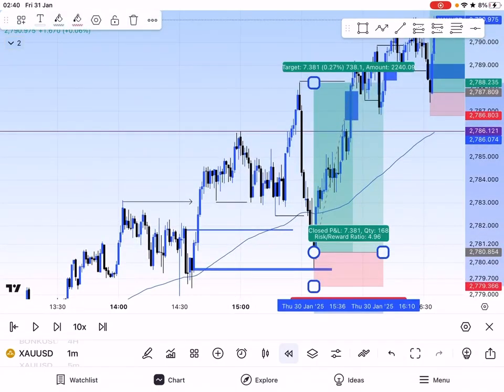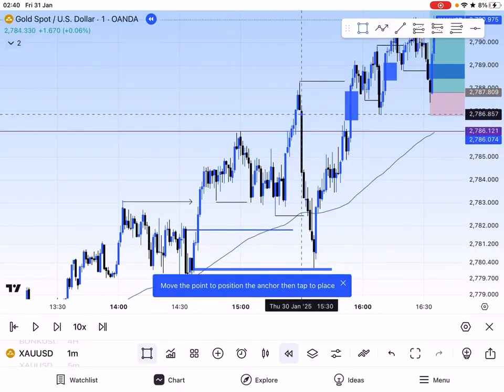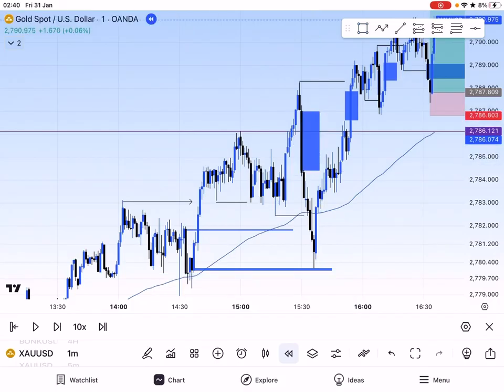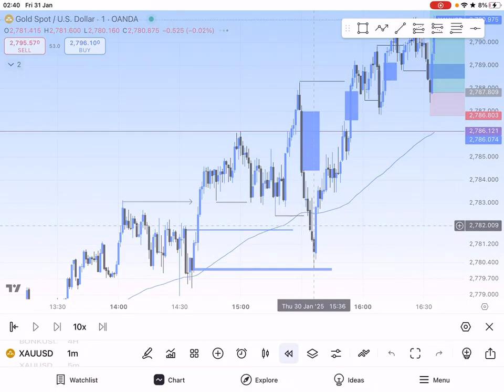The main point is, see, there was imbalance here. It came with strong bearish momentum, and along the way there were still bearish candles, and it taps into it. That's it. Price now went up massively from there.